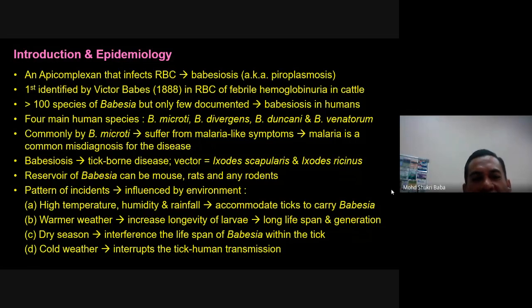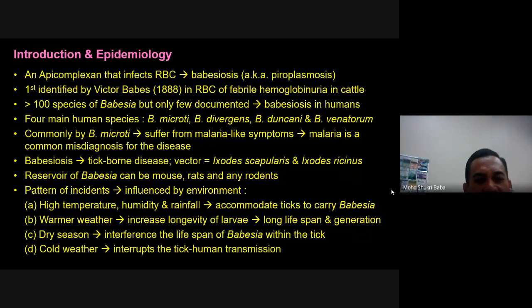Okay, patterns of incident biasanya dia adalah influenced by environment, seperti high temperature, humidity and rainfall, which can accommodate ticks to carry babesiosis. Warmer weather will increase longevity of larvae, so dia akan lead to the long lifespan and generation.